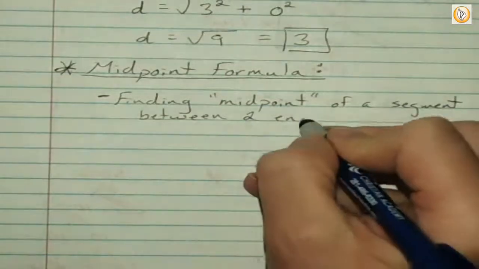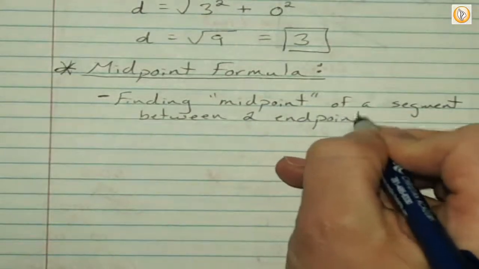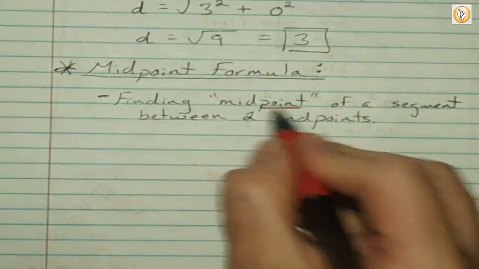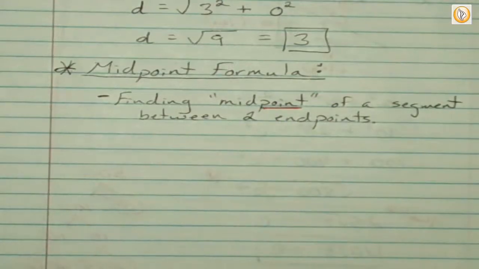And we're finding the point that is absolutely in the center. So think of the Cartesian plane. Think of a line segment. Think of the 2 endpoints, and what we're looking for is the absolute center.